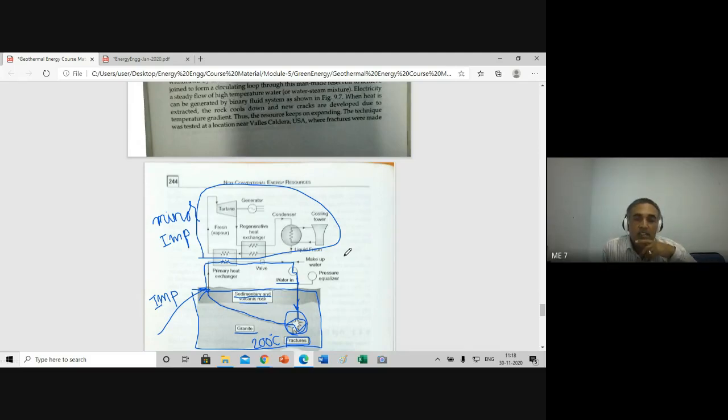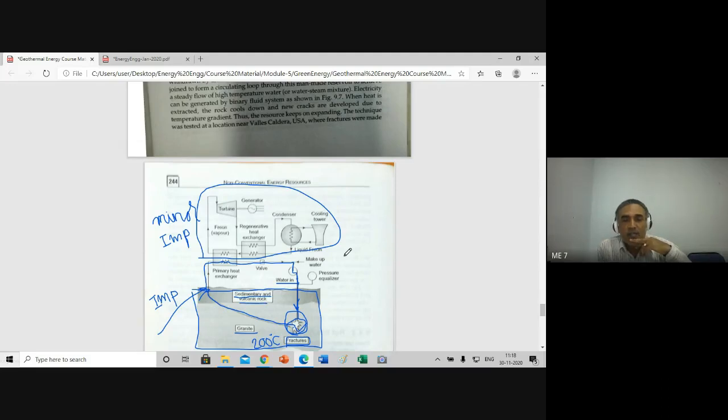During the examination evaluation, the evaluator will look into whether the student knows exactly what this hot dry rock system is or not. That makes a student score 8 out of 8 marks or 10 out of 10. Otherwise, if you make mistakes in the bottom portion, the top portion is of minor importance, and they will allot only 5 or 6 marks. So be careful.